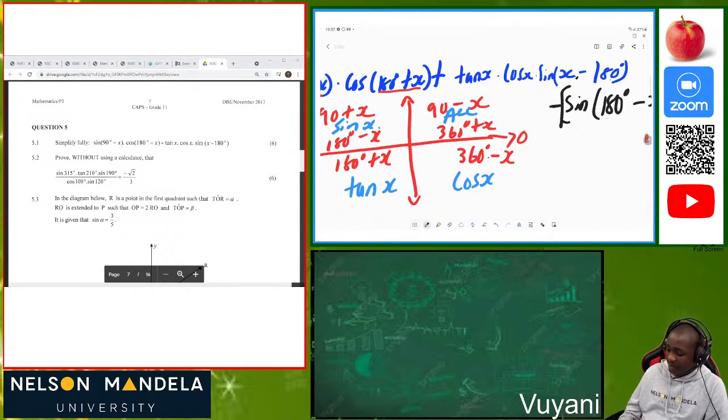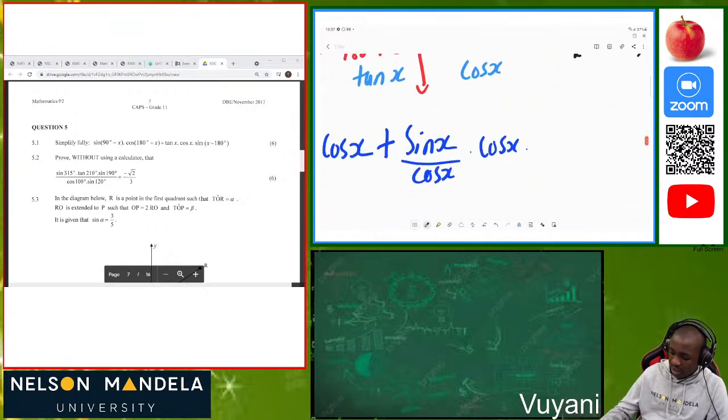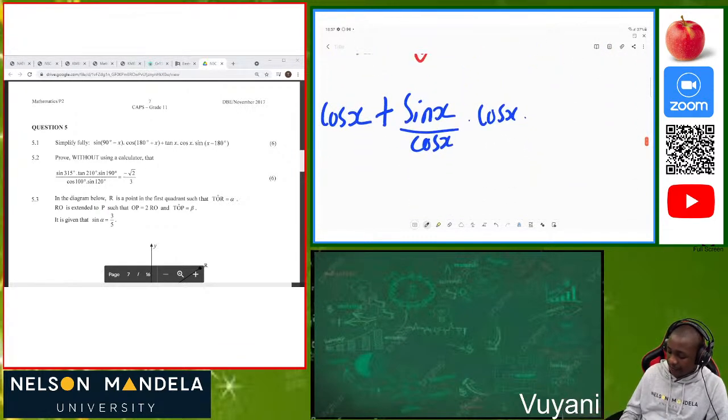So we're going to end up having negative, then this is going to be still positive now. So we multiply now by the exterior angle which had the negative sign, then the two go together with each other. So now we're going to have times negative sine of x.